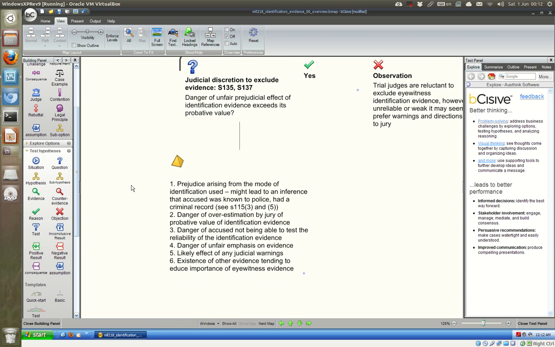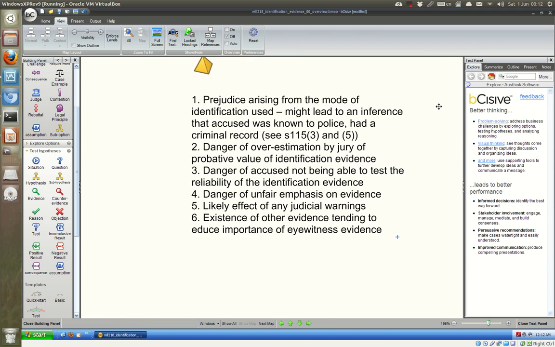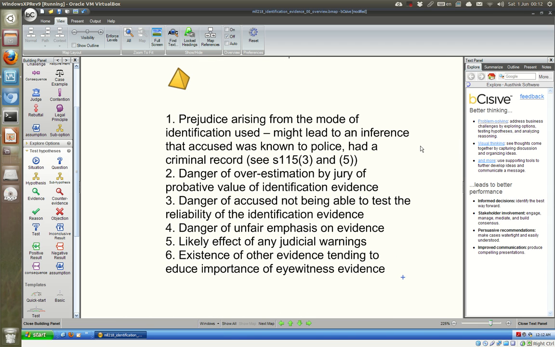So there are a few things to take into account when considering the balance between these two. First is the possibility of prejudice arising from the mode of identification used, which might lead to an inference that the accused was known to the police and had a criminal record.